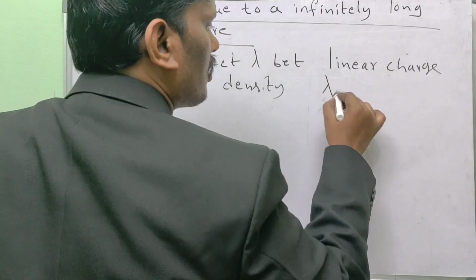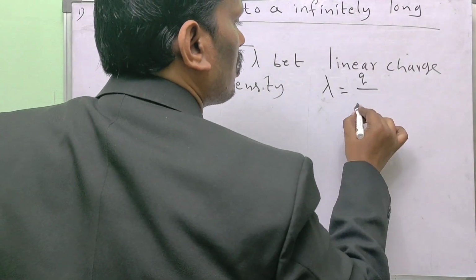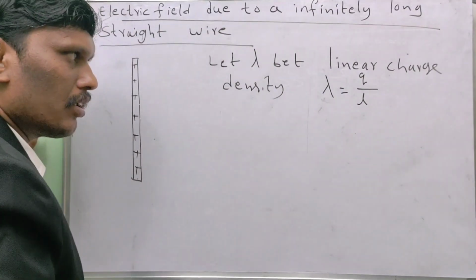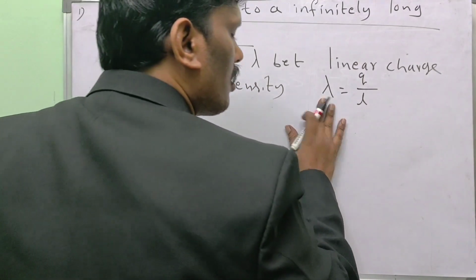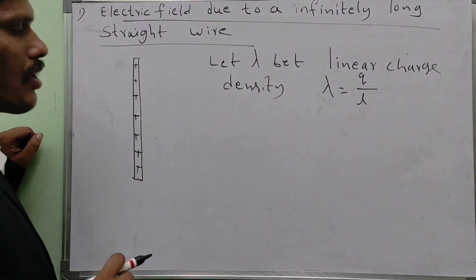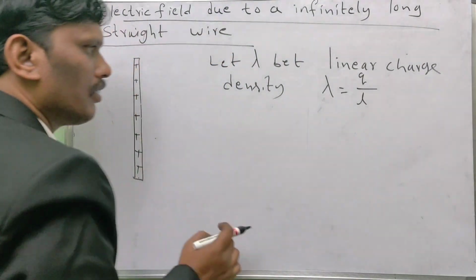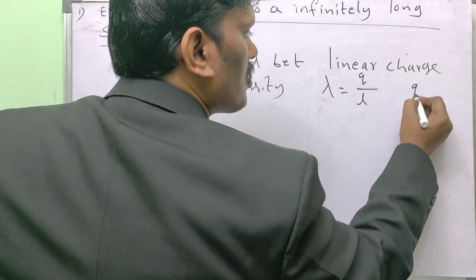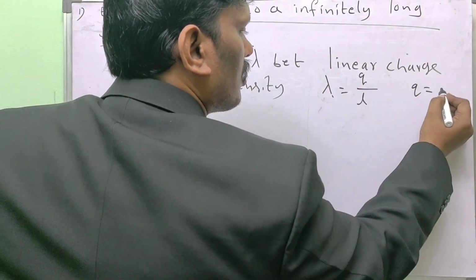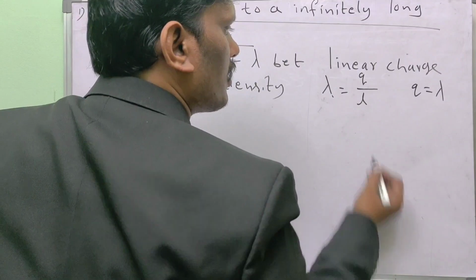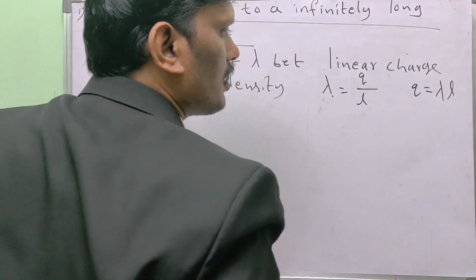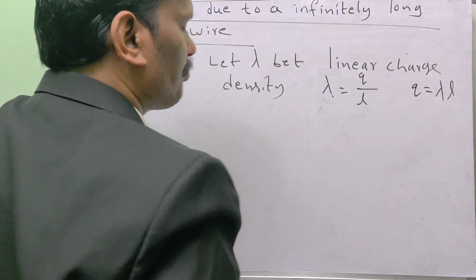What is the meaning of that? Charge per unit length. That is the meaning of lambda. From here, what is the charge? Linear charge density into length.